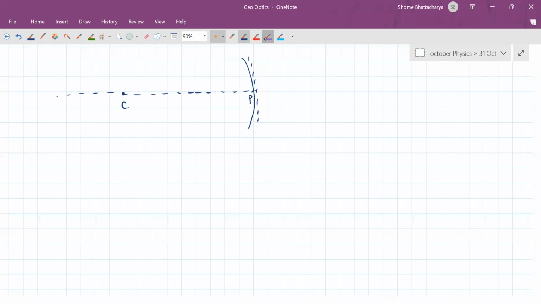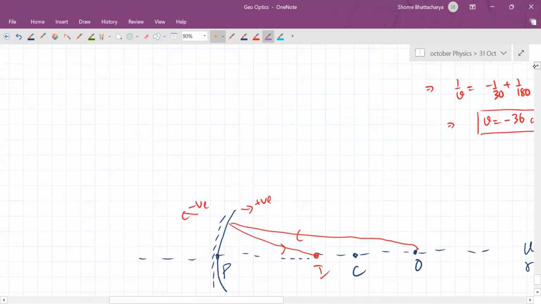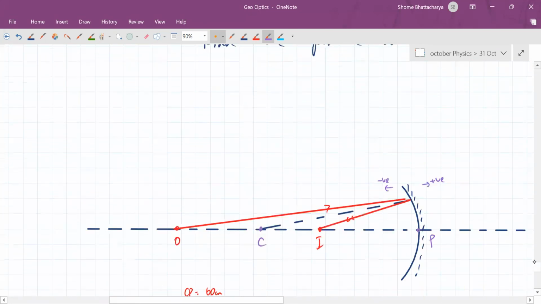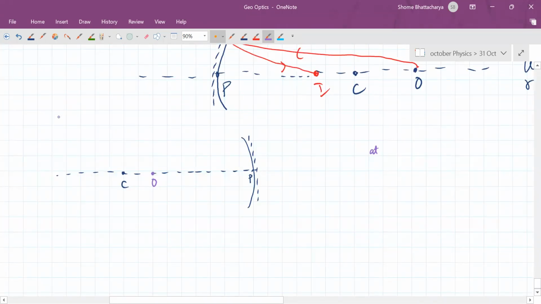We had taken the object in the next case somewhere here, because we had taken the object at, what was it, 90 centimeters, right? 45 centimeters, sorry. 45 and 15. So, second part.